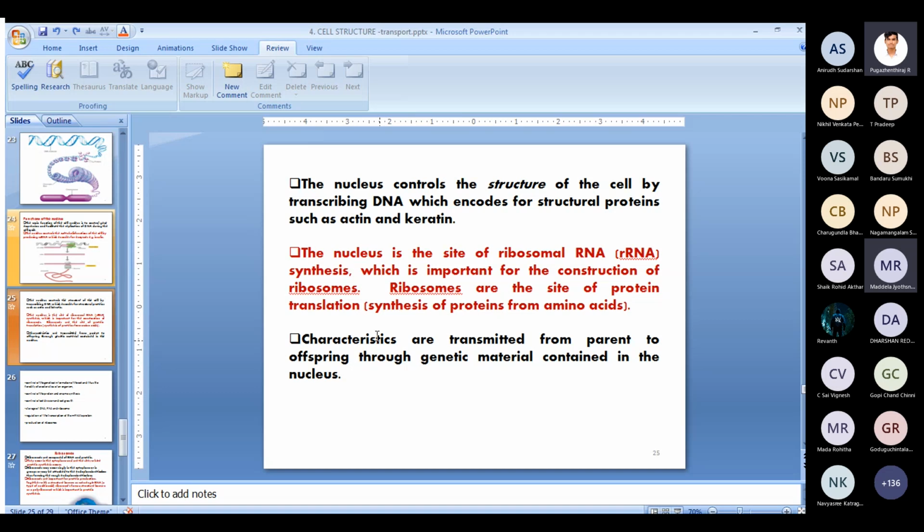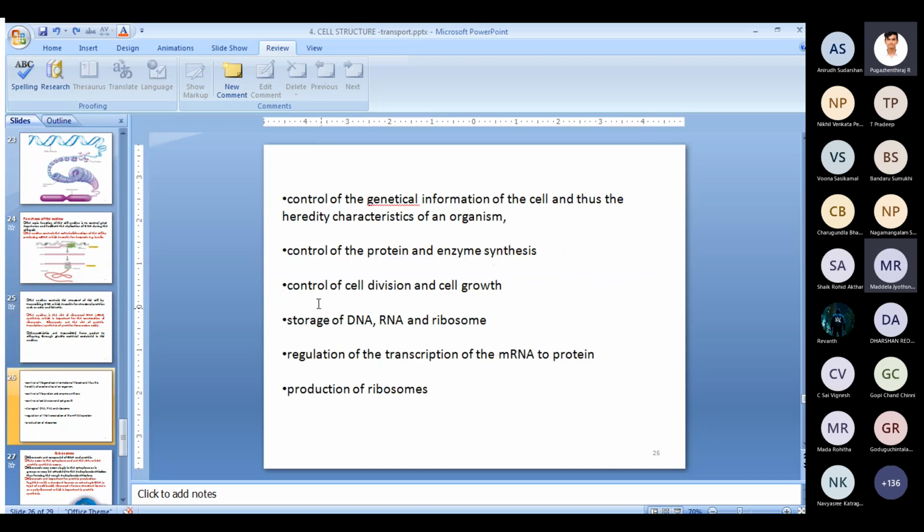Characteristics are transmitted from parent to offspring through genetic material contained in the nucleus. In simple words, it controls the genetic information of the cell and the heredity of an organism. It controls protein and enzyme synthesis, cell division and cell growth. It stores DNA, RNA, ribosomes, etc., and it regulates transcription.